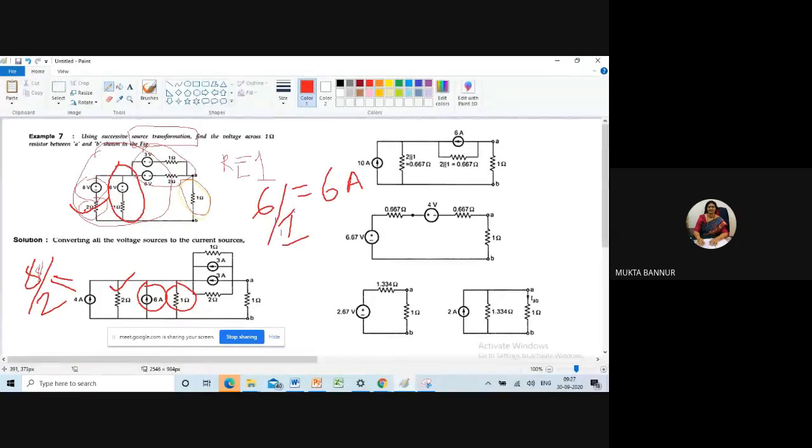Now these 2 voltage sources have been replaced by 2 current sources, and they are connected in parallel as shown in the figure. Just observe it.